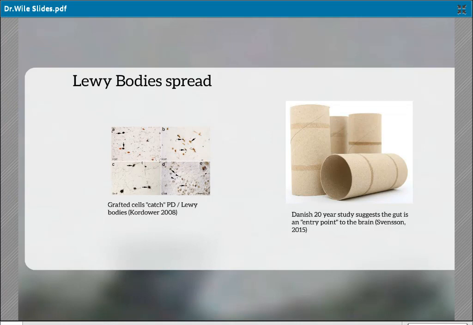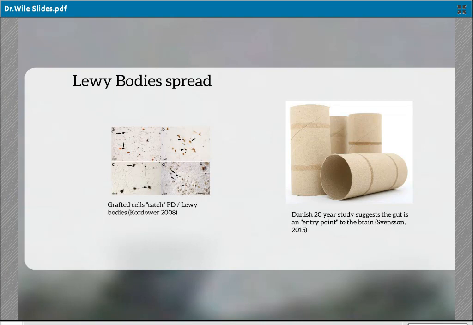So there were some, you could think of them as stem cells, grafted into some patients with Parkinson's disease in a research study, maybe 20 years ago now. And what was found from following those patients is that the new cells put into the brain, they catch Parkinson's disease basically. They get Lewy bodies in them as well.